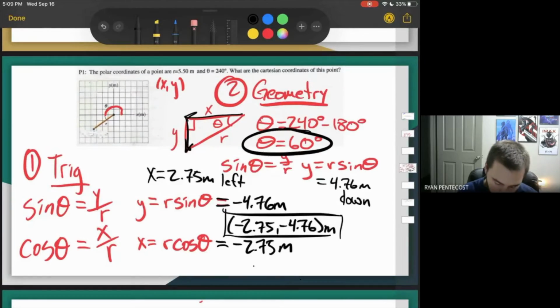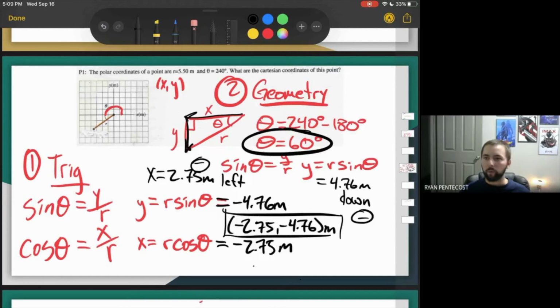So you would have to realize that down is negative, left is negative, and get those negatives for yourself as you put them into the Cartesian coordinates. But either method is going to give you almost the exact same way to solve the problem.